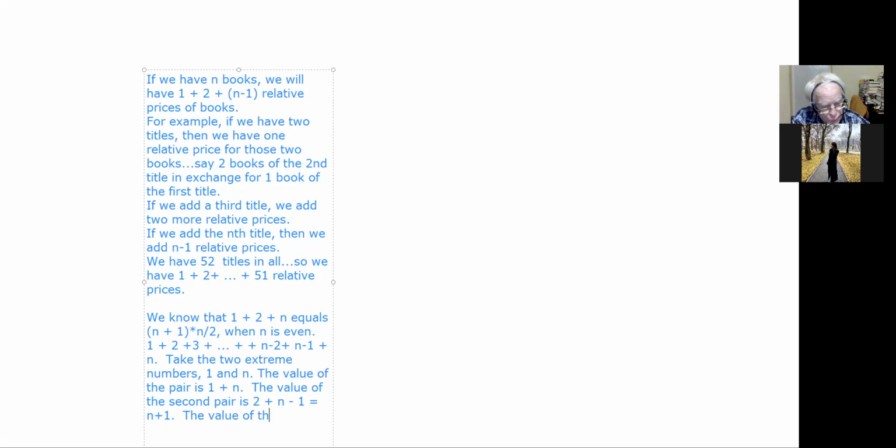The value of the third pair is once again n plus 1. And that's true for all the pairs in the sequence adding up numbers from 1 to n.